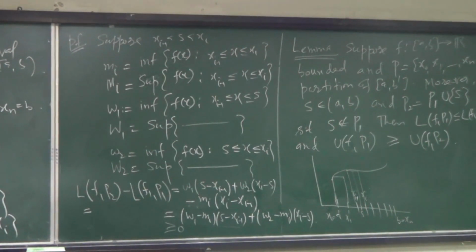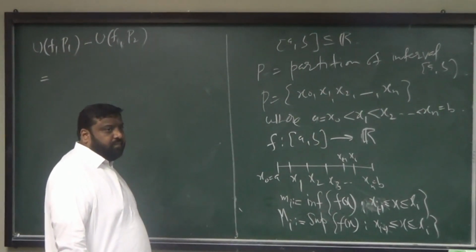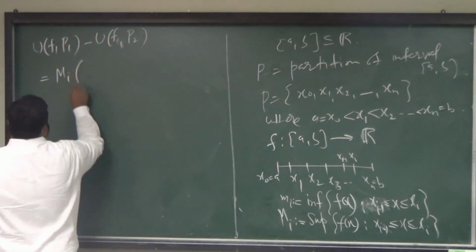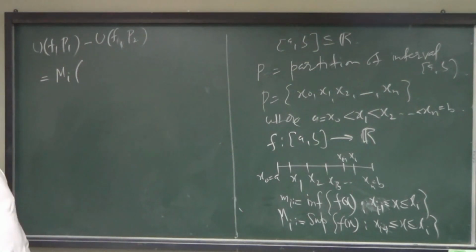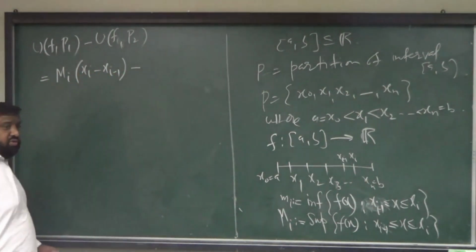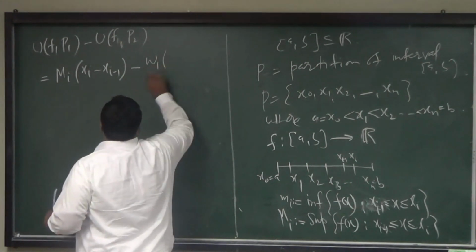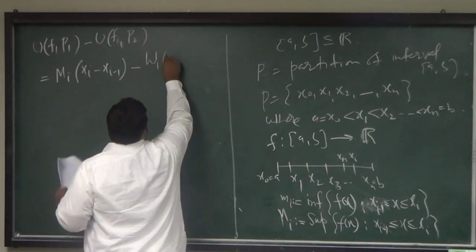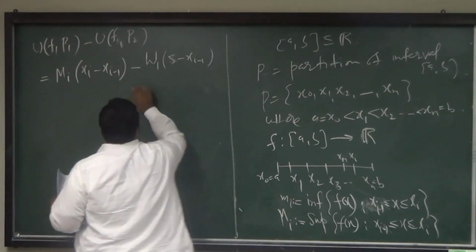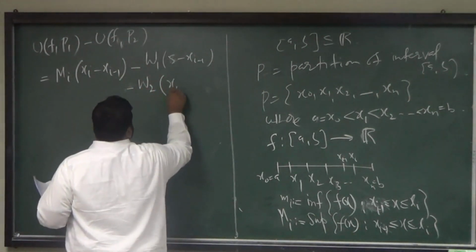So what would be U(f,P1) in this subinterval? Capital M_i, not m_i, multiplied by the difference of the whole interval, x_i minus x_{i-1}, minus capital W1 times (s minus x_{i-1}) and minus capital W2 times (x_i minus s).